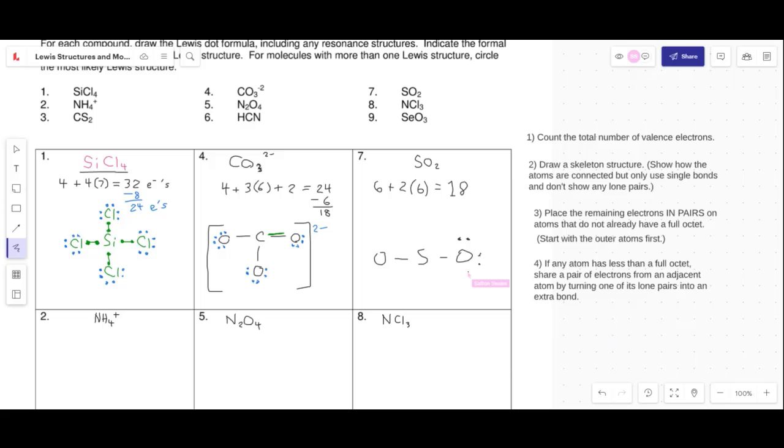And you're starting with the outer atoms, which is good. There we go. Hope you don't mind me narrating what you're doing. Okay. 2, 4, 6, 8, 10, and 12.